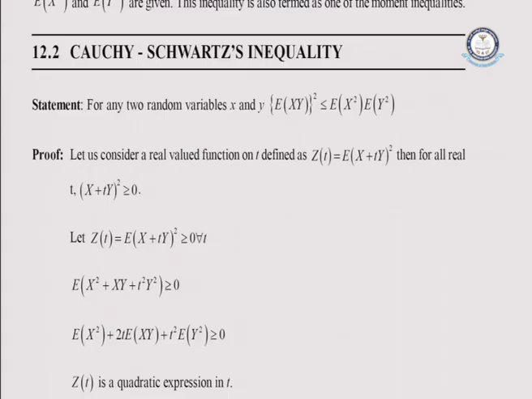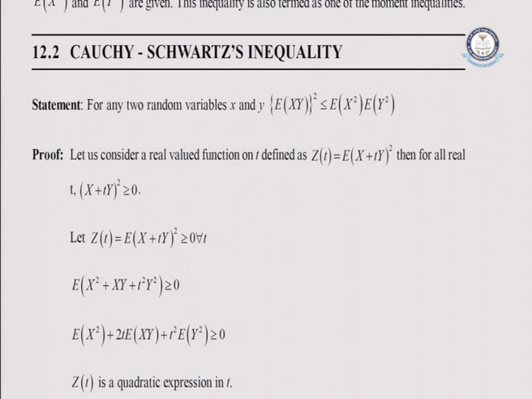Okay. After studying this, we are understanding this Cauchy square inequality. So that statement also follows that expected value of (xy) whole square should be less than or equal to expected value of x square and expected value of y square.